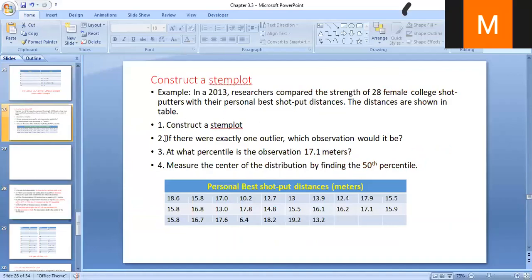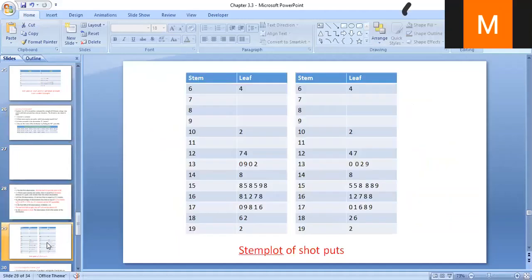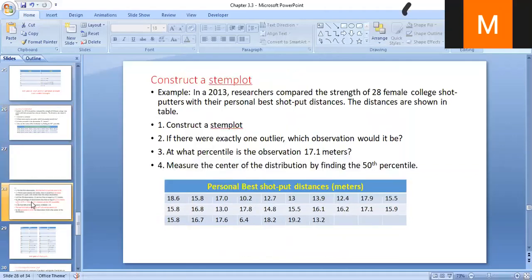The second question is, if there were exactly one area, which observation would it be? You see, which observation. You list this one, the one very far from this, 6.4, right?